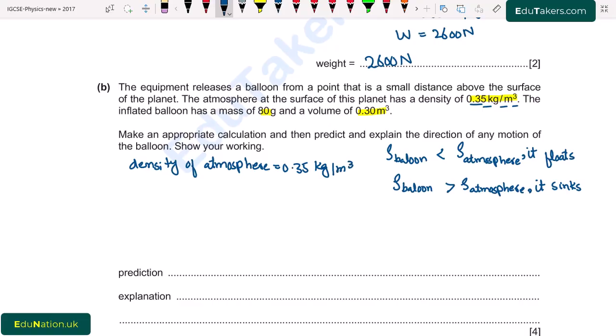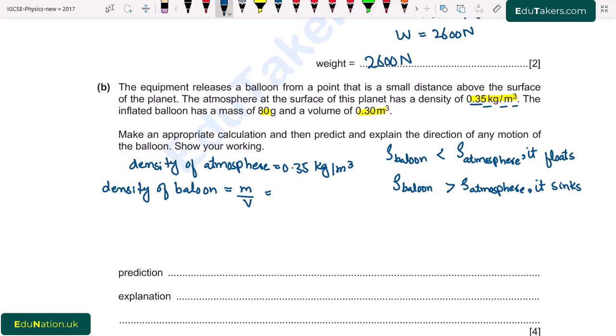Now we have to find out the density of balloon also. Density of balloon will be equal to mass over volume.